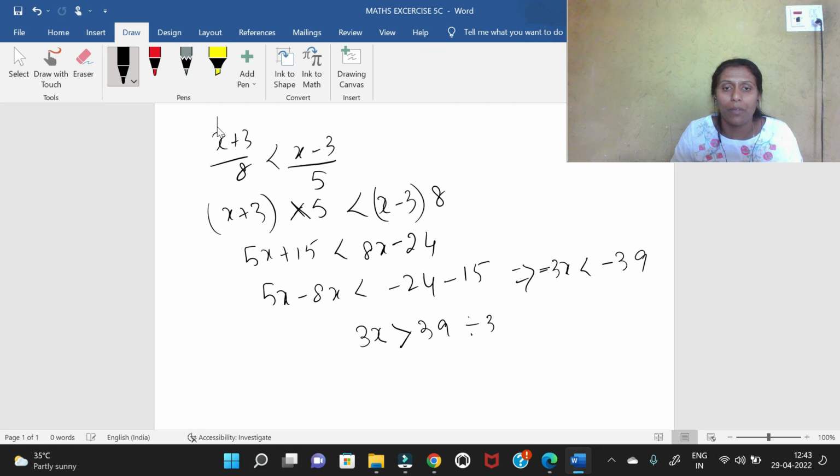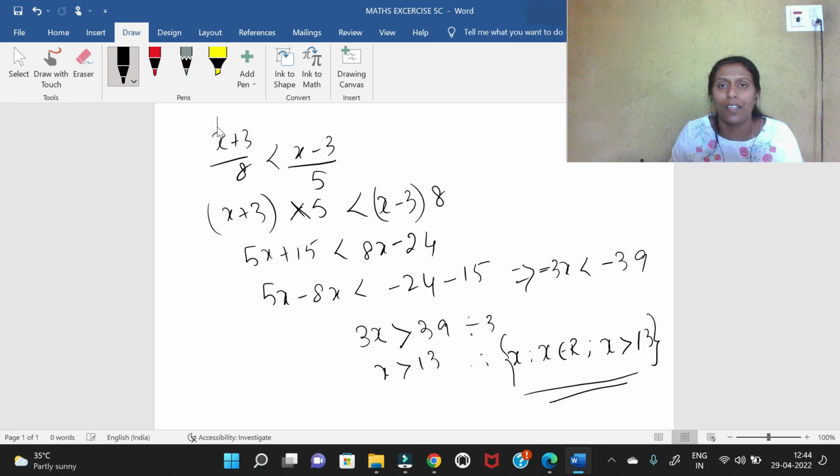Divide the entire equation by 3, which gives x greater than 13. Therefore, the solution set is x belongs to real numbers and x is greater than 13. Any real number after 13 is the solution set here, which holds good for this relationship.